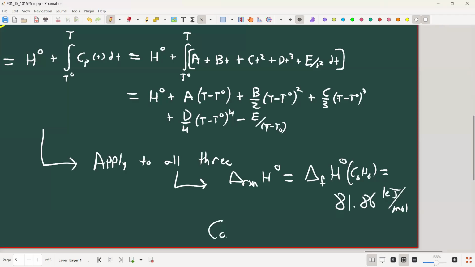Compare that to the experiment, which is 83.10 kilojoules per mole. So we're not perfect, but I'm going to call that quantitative. It's a pretty strong accuracy. By just applying a polynomial approximation to all our heat capacities and doing the same math as before, we move the integral, we can bring our value down.